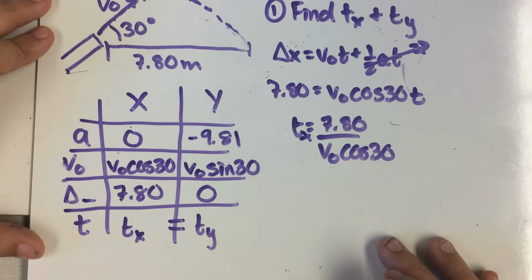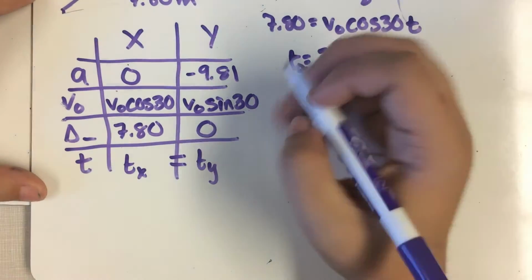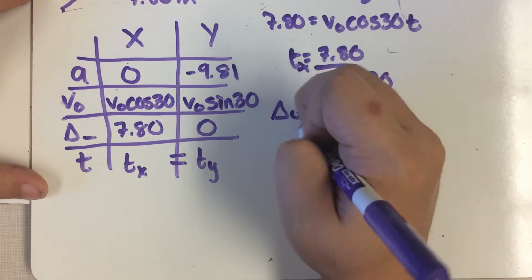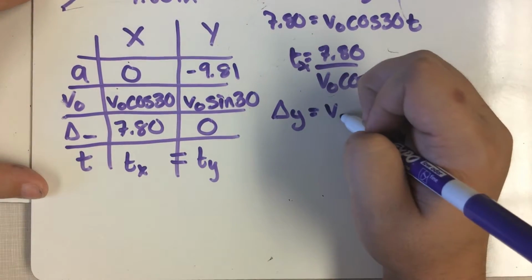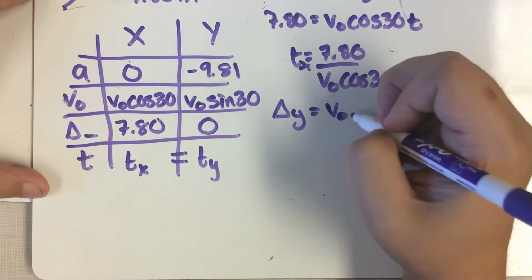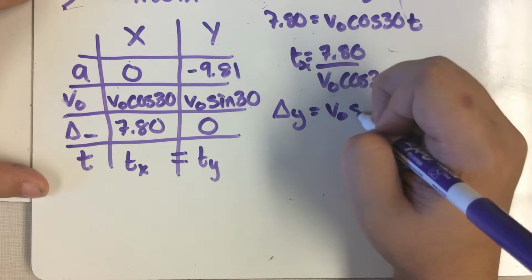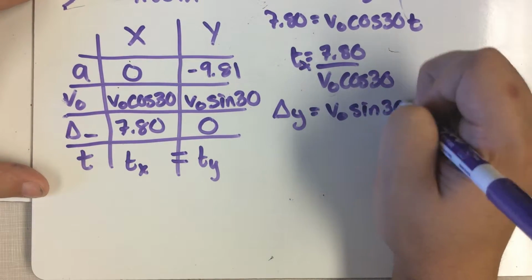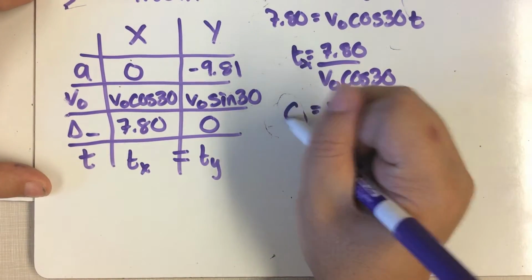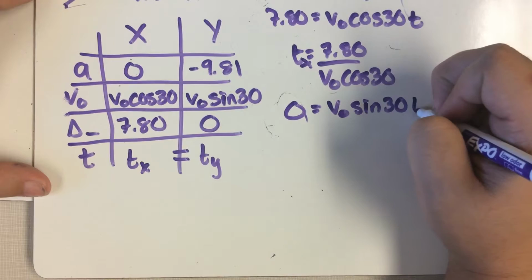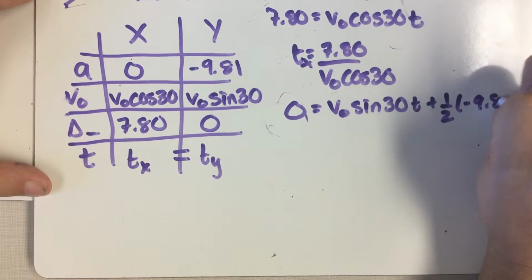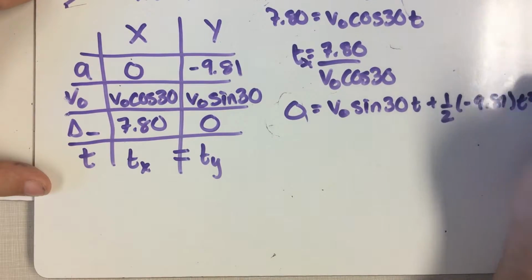Now I want to find ty. For ty, I use the same equation, except now I'm going to use the y information. So that's going to be v naught sine 30, and delta y is 0, times t plus 1/2 negative 9.81 t squared.